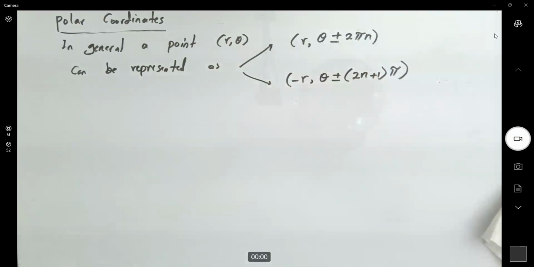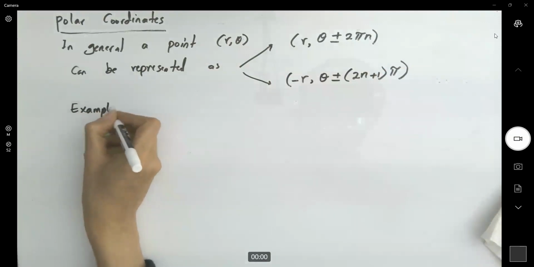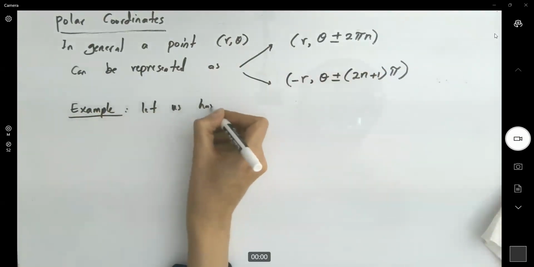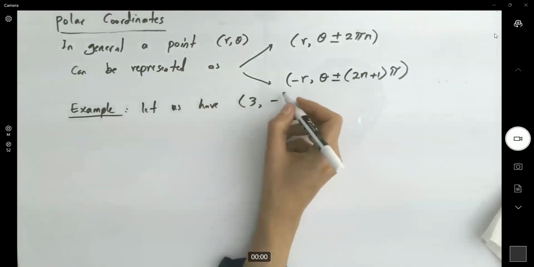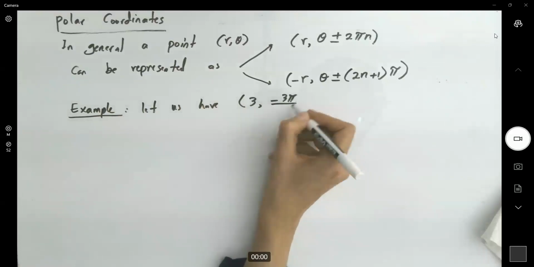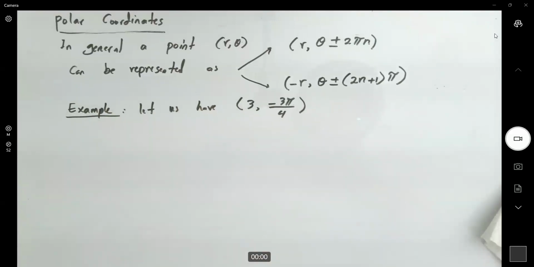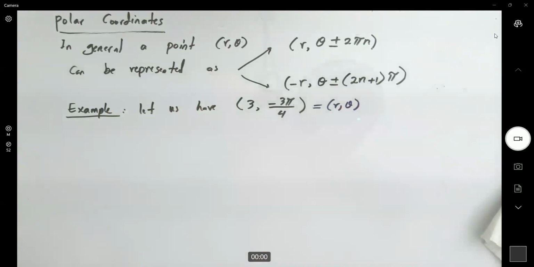For example, suppose we have the following. Let us have the point 3 and negative 3 pi over 4. Okay. This is r and theta. I have a point in polar world, r and theta.